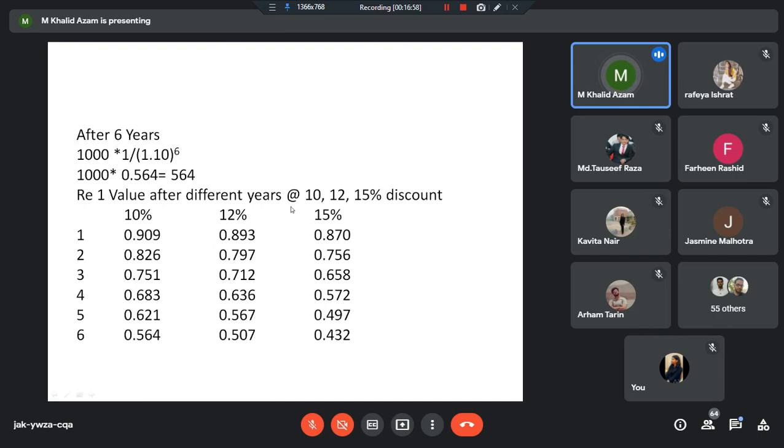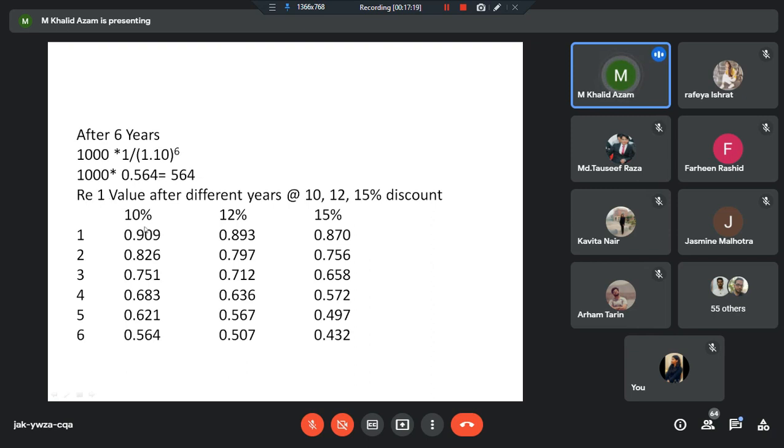I have given you this table, now try to see it. I have given you this table for the purpose of your understanding. And two things I would like to stress here. One is that the rate of discount, which I have mentioned here, is for 1 rupee value.